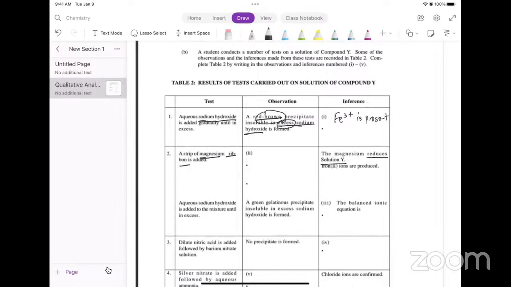And on the magnesium ribbon, right, we're going to have gas being released. So I honestly am certain that sulfur dioxide is being produced there. So it will have to be sulfate, okay?